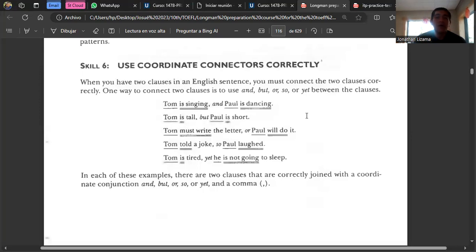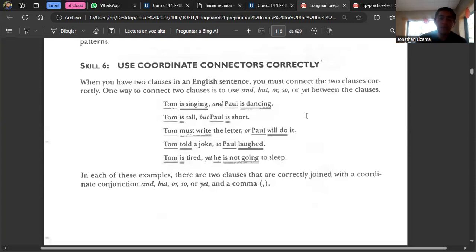Well, let's start. As you can see, skill number six is having multiple clauses. The first question that is drawn in our mind is, what is a clause?